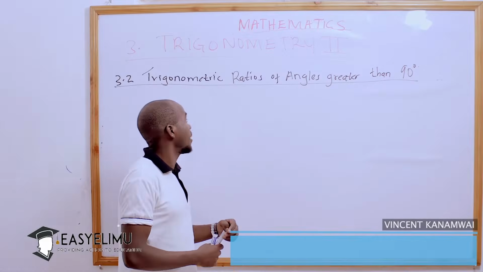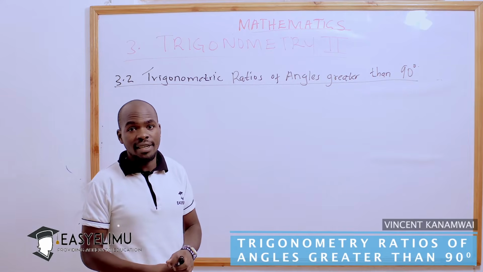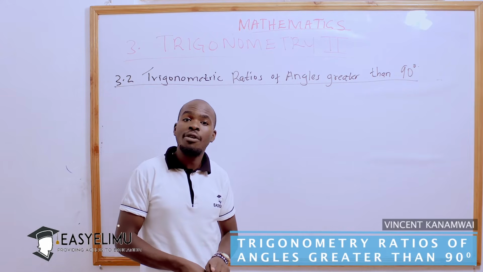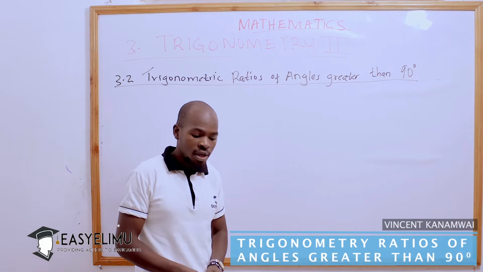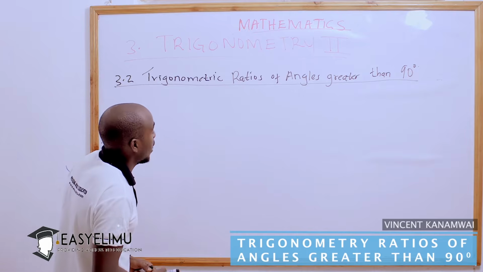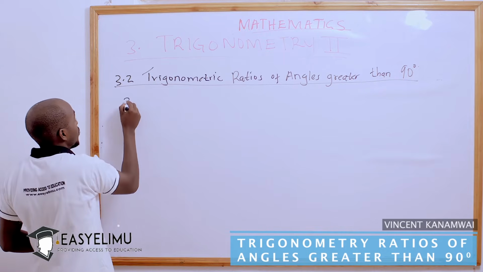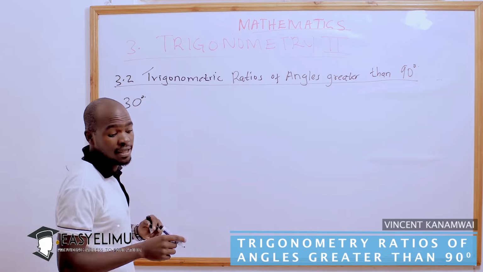We are going to see trigonometric ratios for angles greater than 90 degrees. Here we are dealing with angles which are not only acute but maybe obtuse. So let's see if we have certain angles. For example, we have been told to find the trigonometric ratios for angles like 30 degrees.